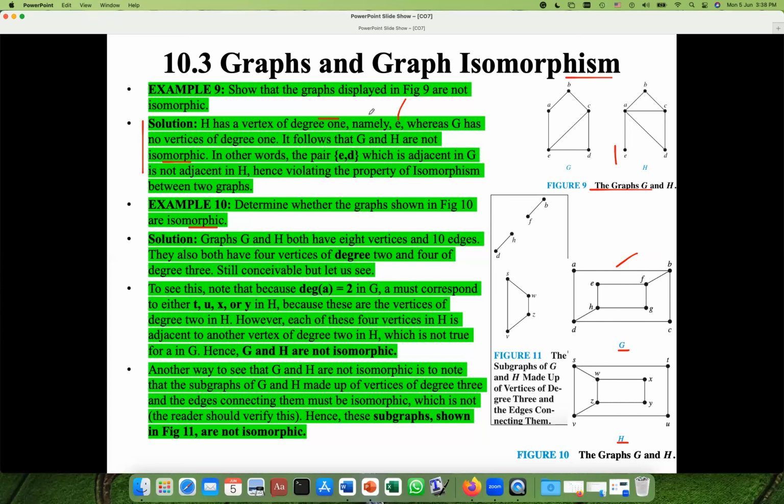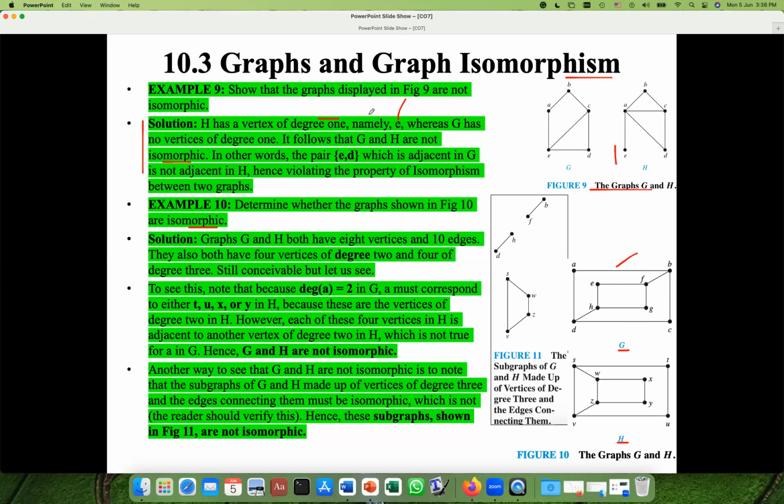Then the other thing is degree. Okay, look at there. Maybe we will find something which is not there. We have the vertices with degree 2, we have the vertices with degree 2, we have the vertices with 3, we have the vertices with 3. Is there anything which is not there?